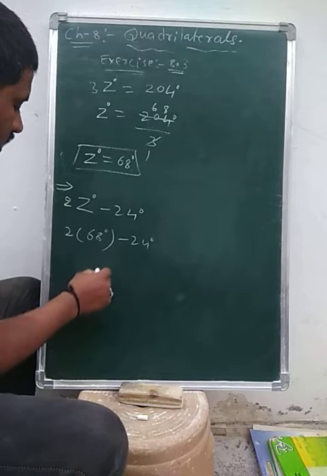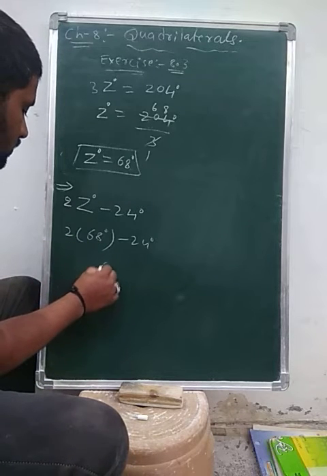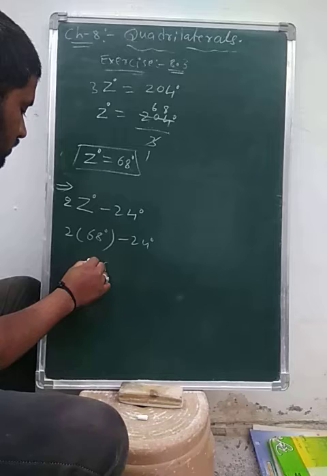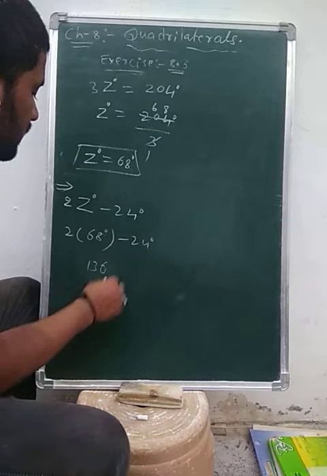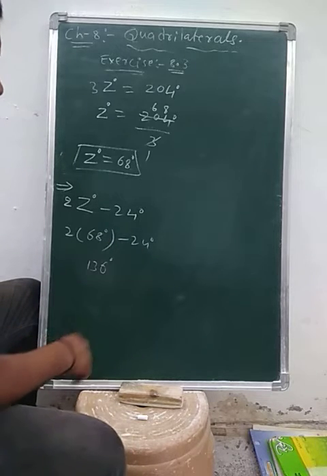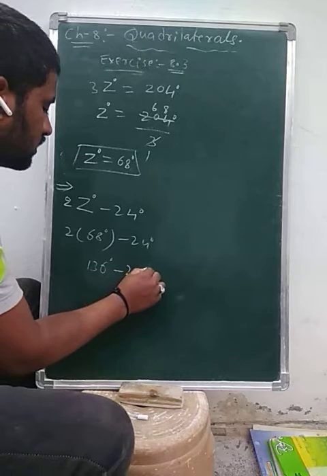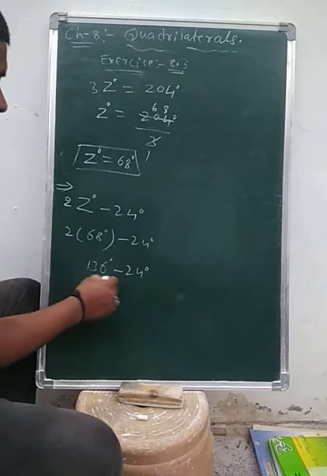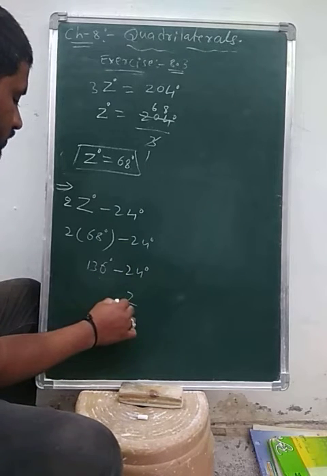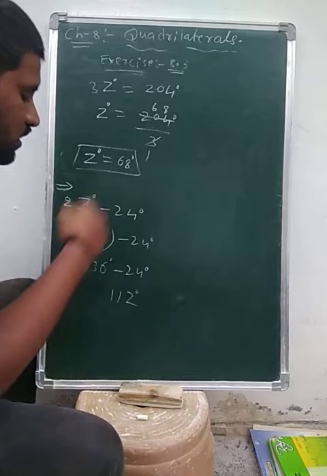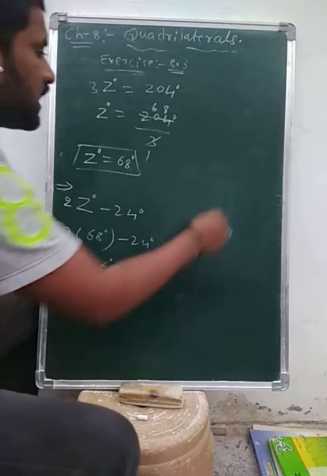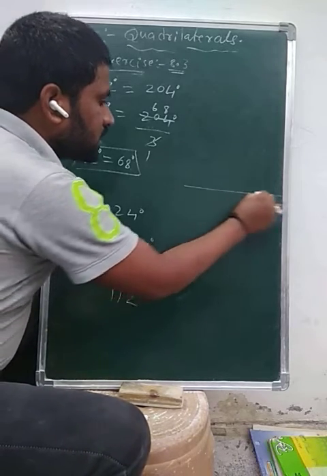Now 2 into 68 is 136 degrees, minus 24 degrees. 136 minus 24 is 112 degrees.